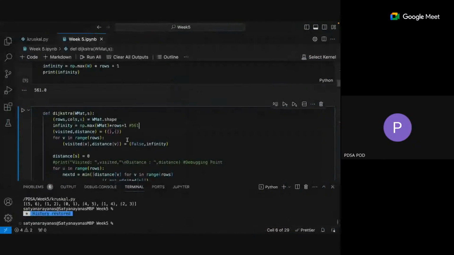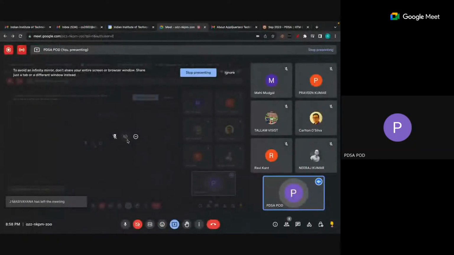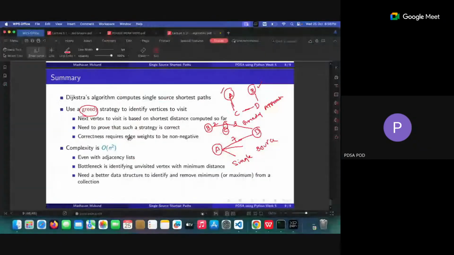So it is a single source one. It is bound to the single source. The next vertex to visit is based on the shortest distance computed so far. Again, it does not change the source. Already we began with 0, and 0 is fixed.